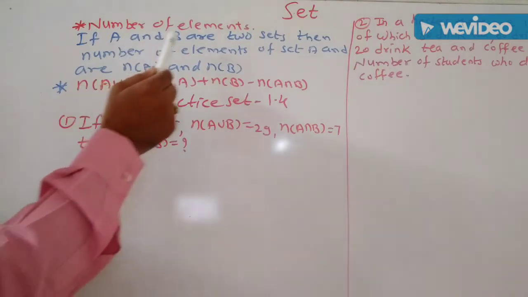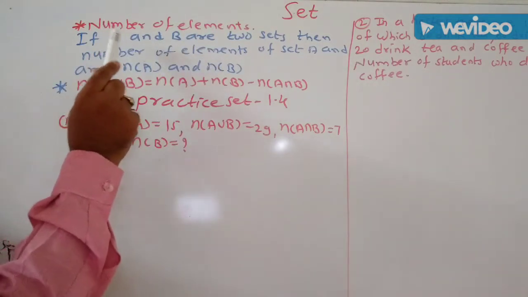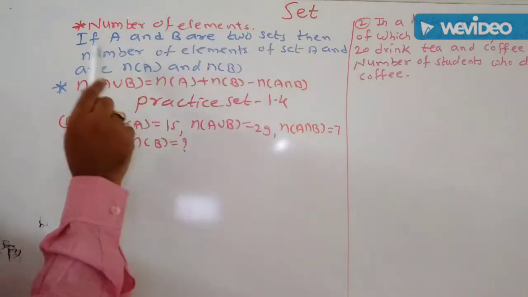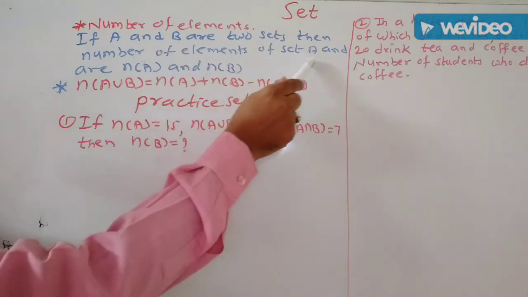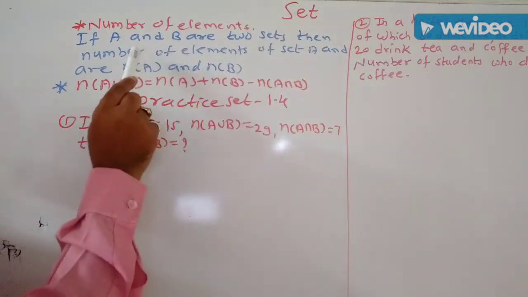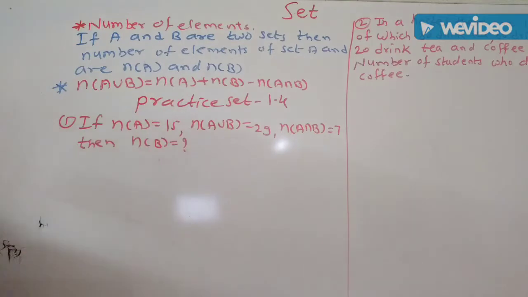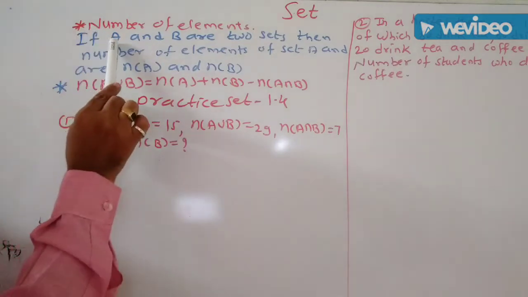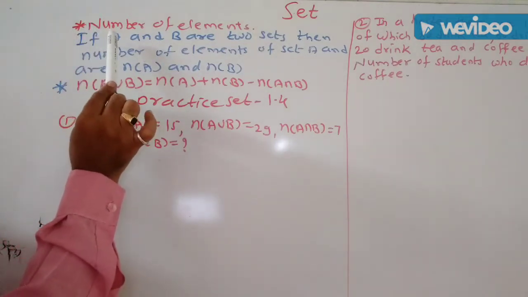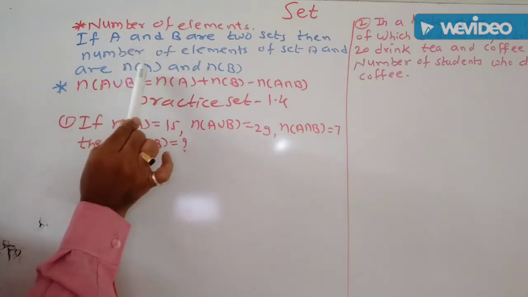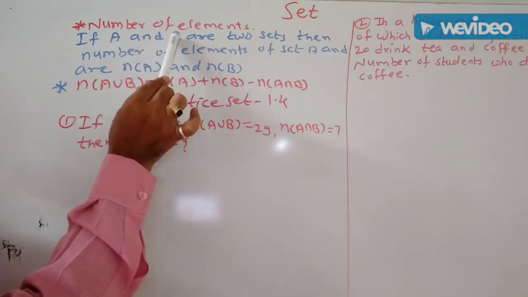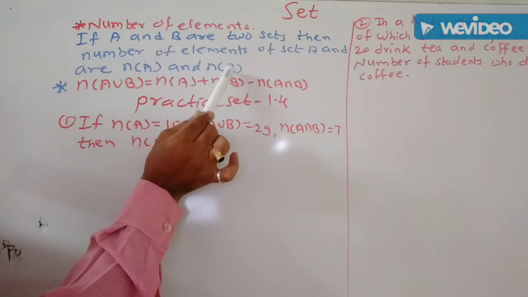Now, next is number of elements. If A and B are the two sets, then number of elements of set A and B are denoted as n(A) and n(B). The number of elements present in the set A can be denoted as n(A), and for that B set we can denote it as n(B).